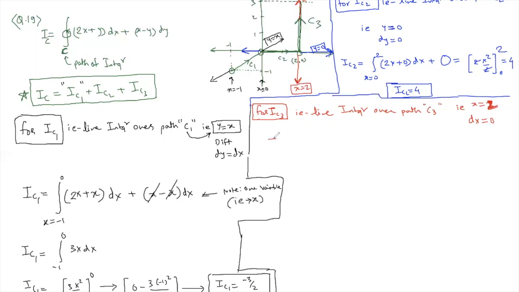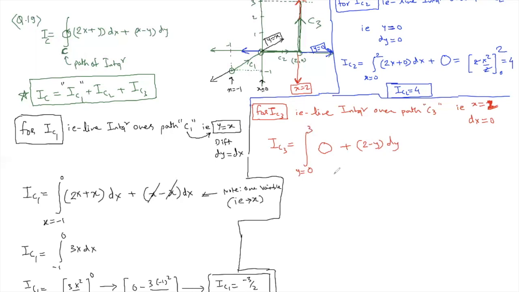Tell me about IC3. You'll use this integral, and then put x as 2 and dx as 0. The first part becomes 0, plus 2 minus y dy. Now what are the limits of y? 0 to 3.